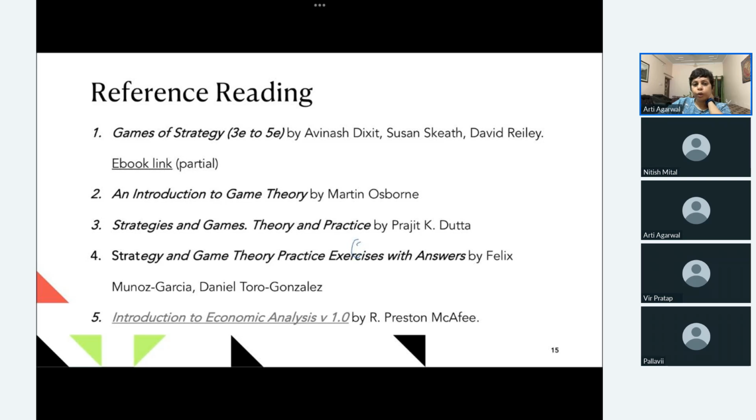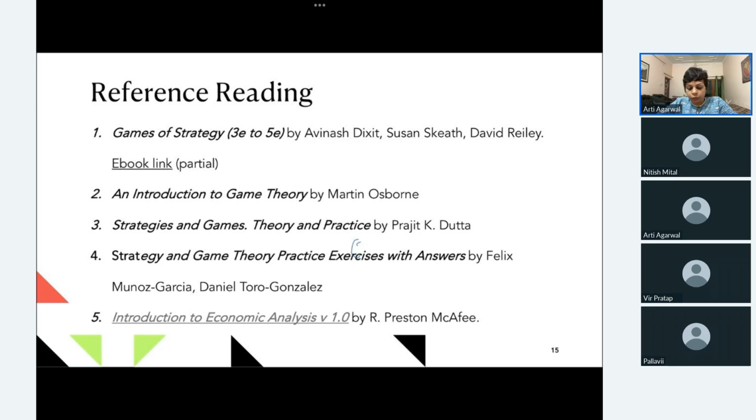I have added 2 books in this particular week. Book number 4 and 5. Book number 4 has a lot of exercises for all sorts of games. It's by Felix Munoz Garcia, Daniel Toro Gonzalez. It's a book with just a lot of games and solved examples. So it's a really good book.